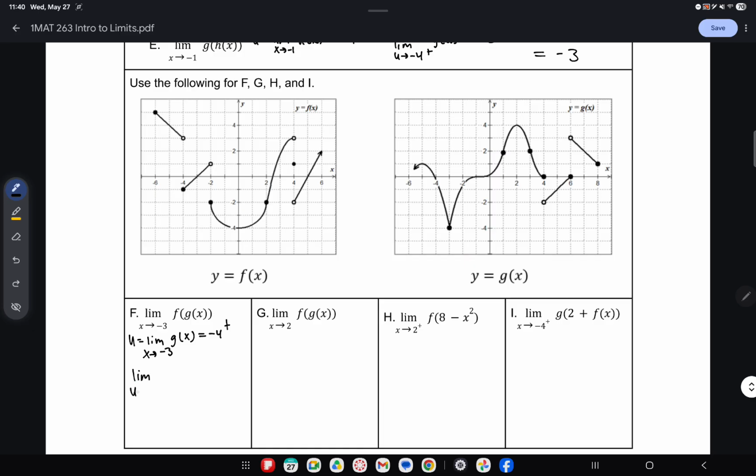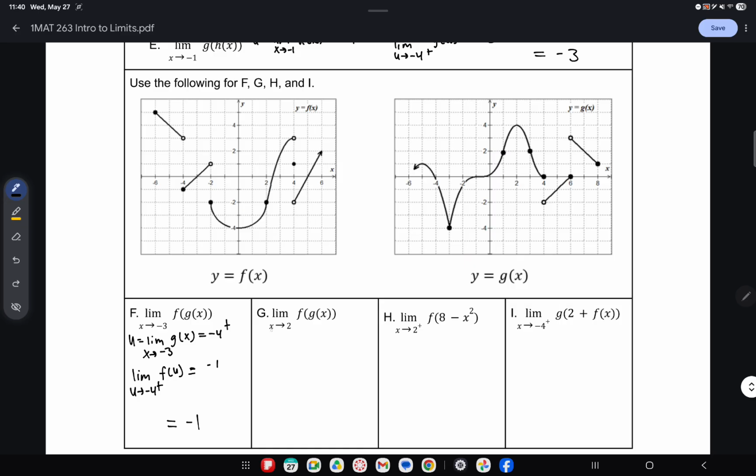So now we'll look at the limit as u goes to -4 from the right for f of x. And I really mean f of u, but using the f of x graph. So -4, and then from the right, it's going to be -1. So the whole limit is -1.